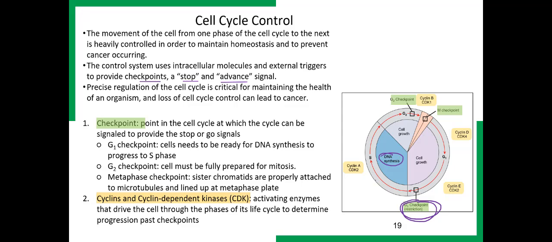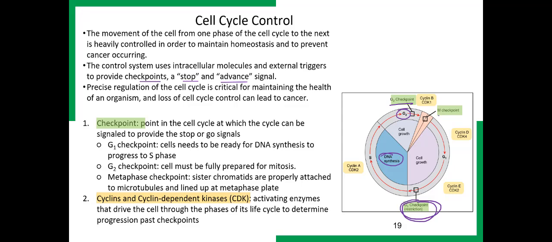So it needs to gather up all the materials needed for a new set of DNA to be synthesized. And then there's another checkpoint at the end of the G2 step of the cell cycle. This G2 checkpoint basically ensures that the cell is ready to divide. The cell is ready for mitosis.